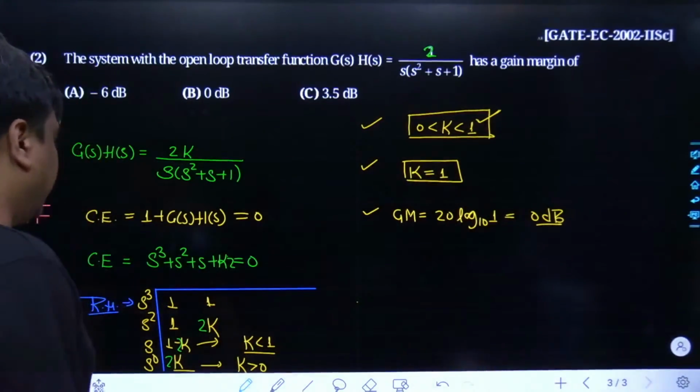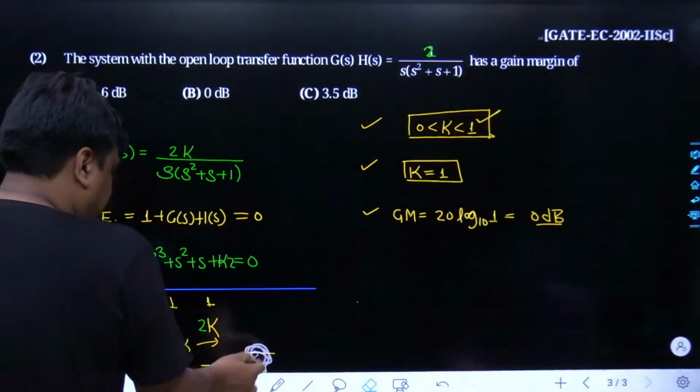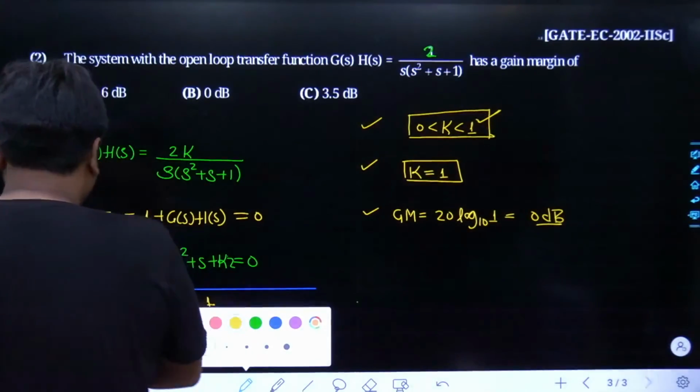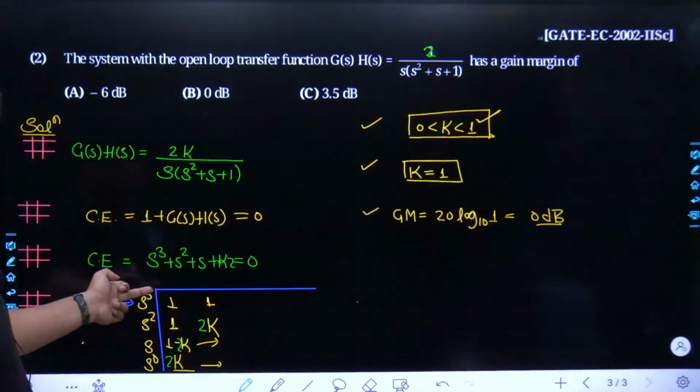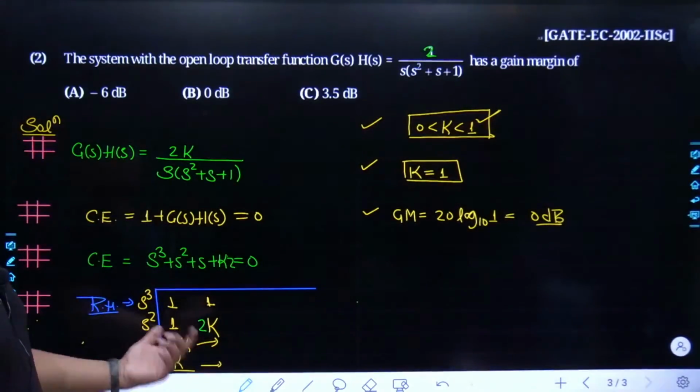May I know what the requirement is now? The requirement is the same. You have to keep all of the elements in the principal column the same in sign. The first element is positive, so I keep the remaining elements in the column positive.